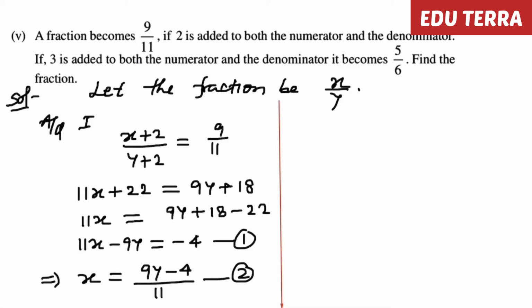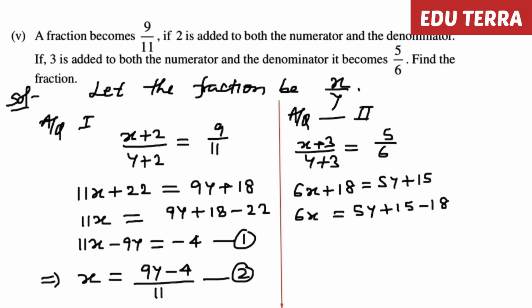From the condition second, so according to condition 2, when you are adding 3 in both, this time x plus 3 upon y plus 3 equals 5 by 6. Again do the cross multiplication. So here you will get 5y minus 3, okay, 6x.